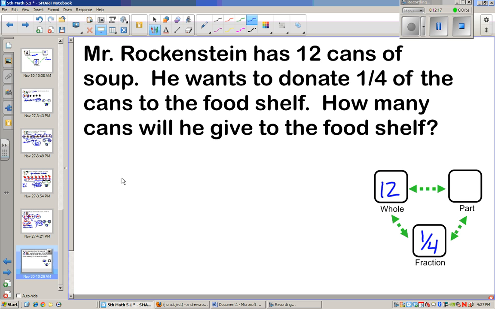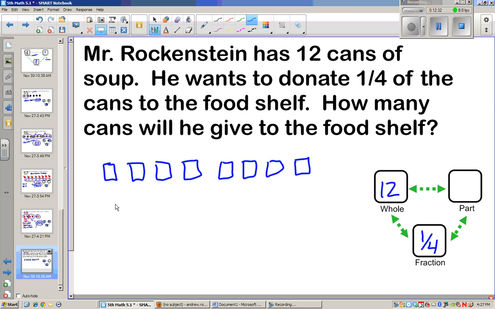So I need to kind of make 12 cans of soup somehow. So I'm just going to make some of these. We'll make these into cans. 4, 5, 6, 7, 8, 9, 10, 11, 12. And I need to make these into 4 equal groups. So 12 divided by 4 is 3.